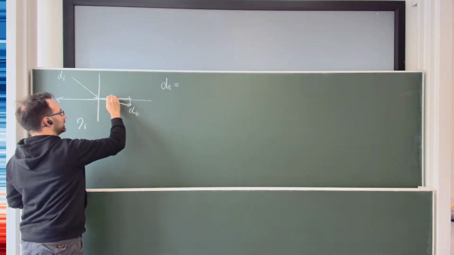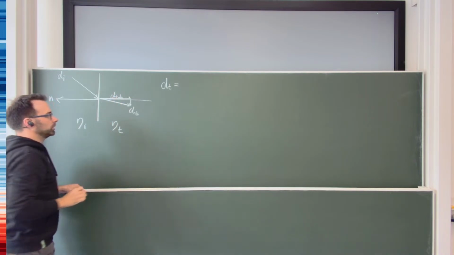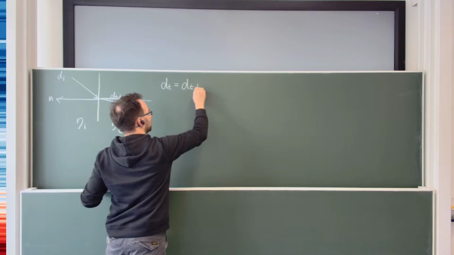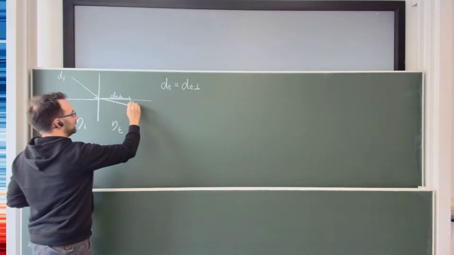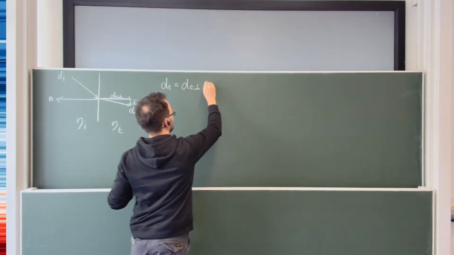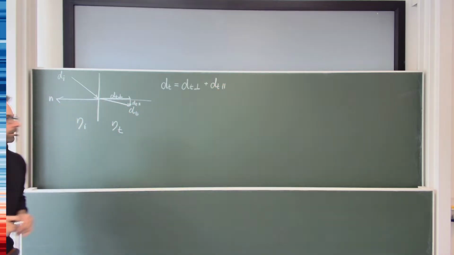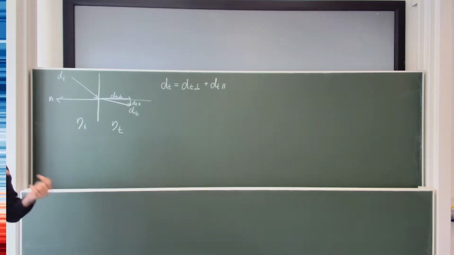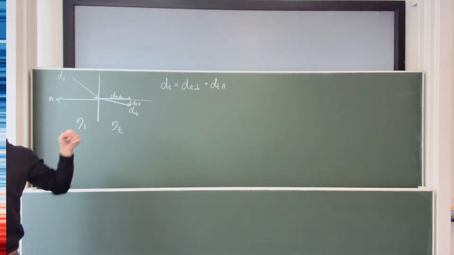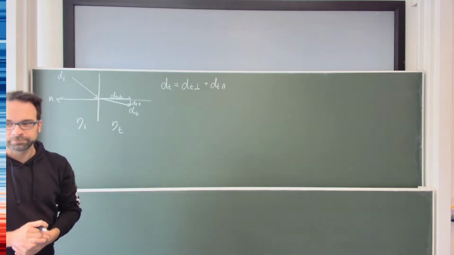So there is one part of dt that is orthogonal to the surface, and here is one part of dt that is parallel to the surface. And both create dt. Right? We can decompose dt into two individual vectors. One orthogonal to the surface and one parallel to the surface.